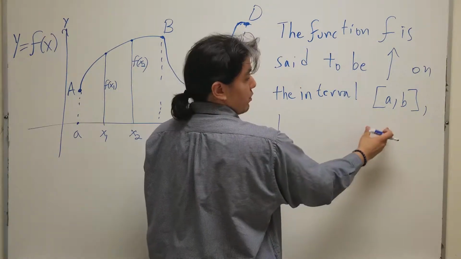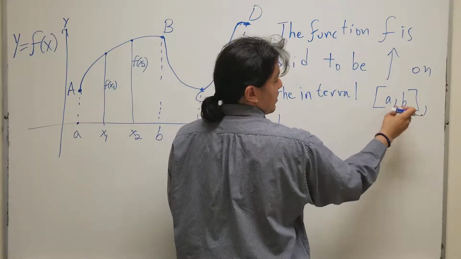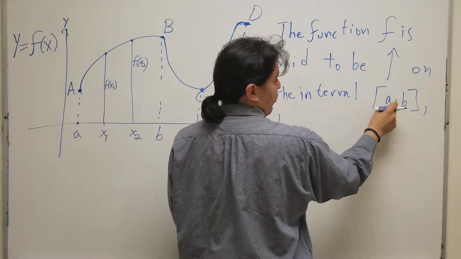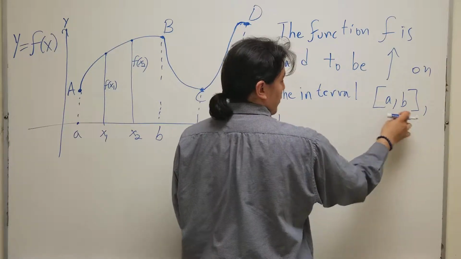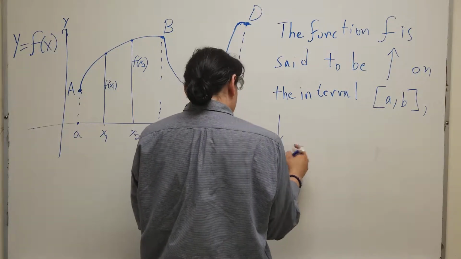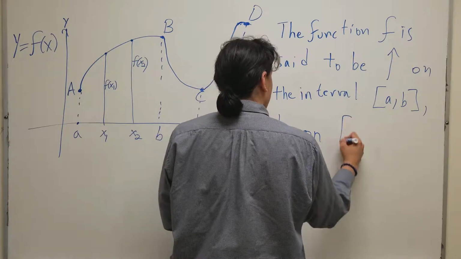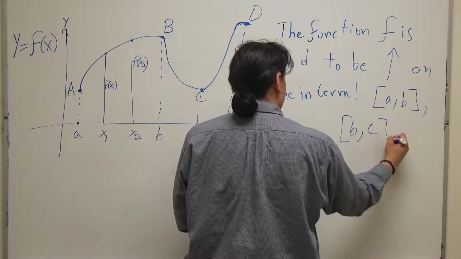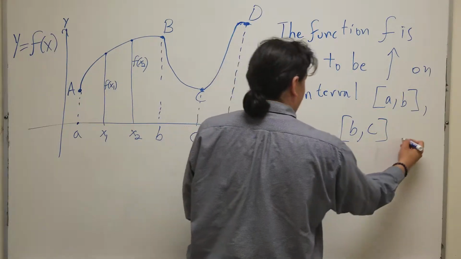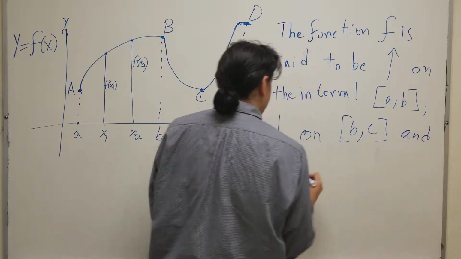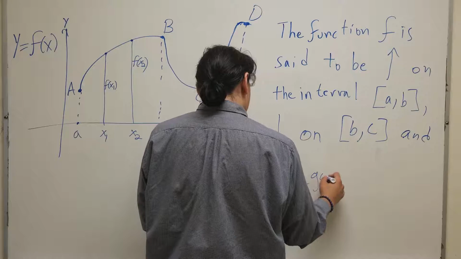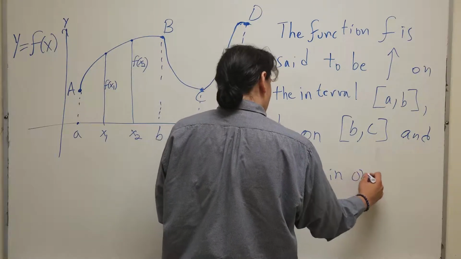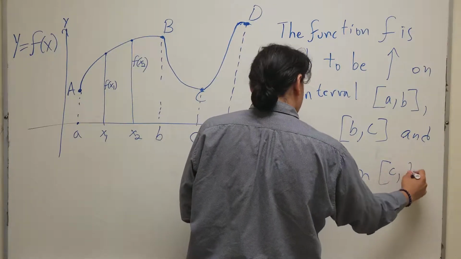So before I continue, square bracket means that it's including the point A and everything in between to point B, inclusive. Decreasing on inclusive B and C on the interval, and increasing again on the interval C and D.